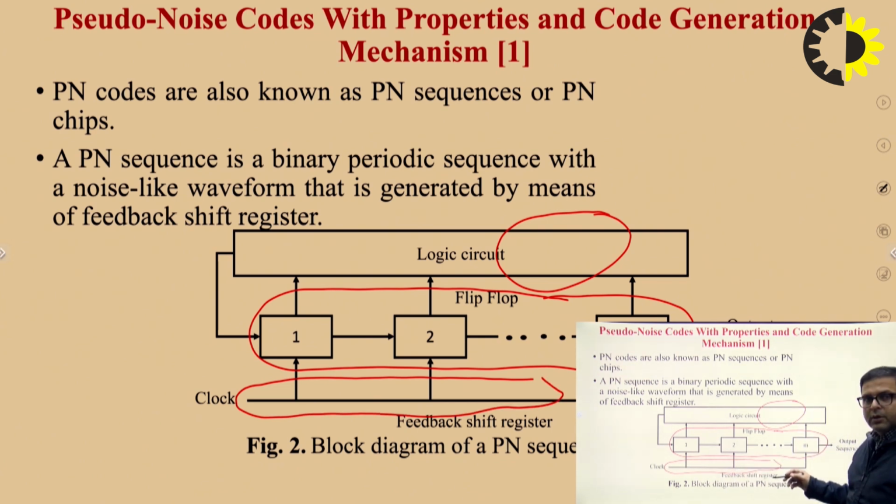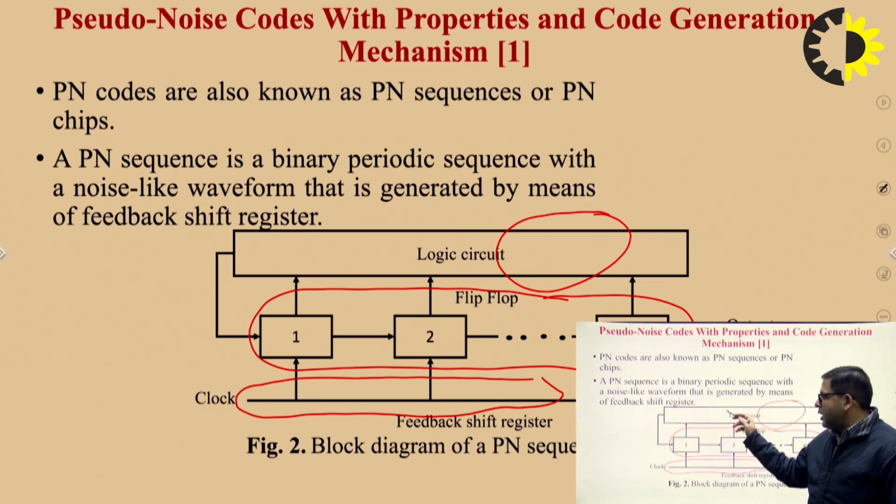Each time we trigger the clock, the logic circuit computes a Boolean expression, a logical expression, and the output of this logical expression is fed into the first flip-flop.